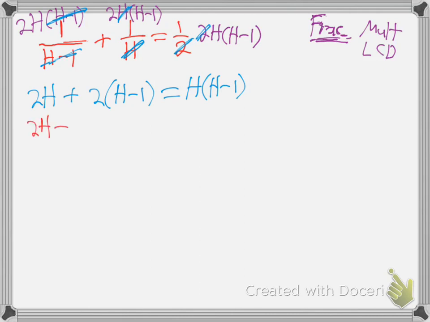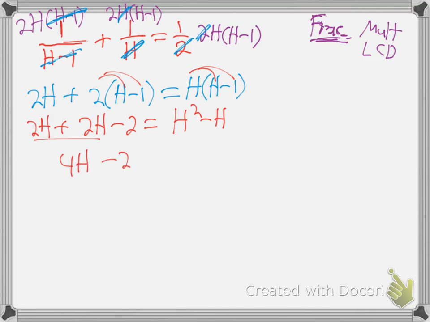All right, keep going. So then that's 2h. This distributes: 2h minus 2. This distributes: h squared minus h. 2h and 2h, 4h. Now, lo and behold, no surprise, we have an h squared equation. What do you do when you have h squared or x squared? Step 1, get a 0.